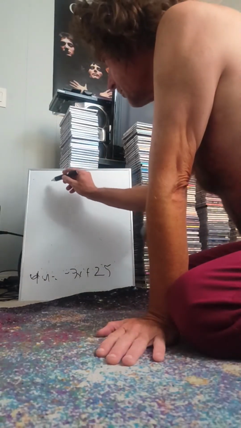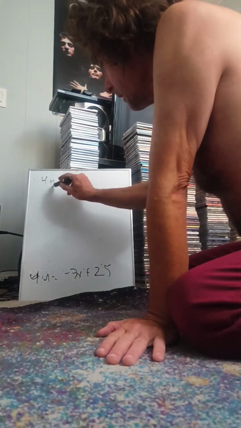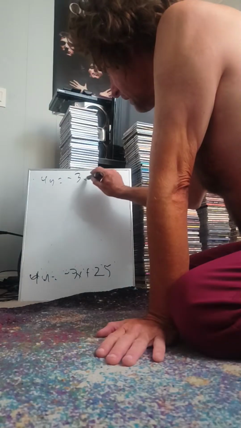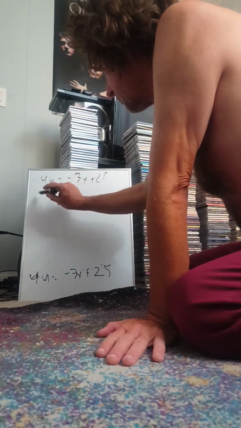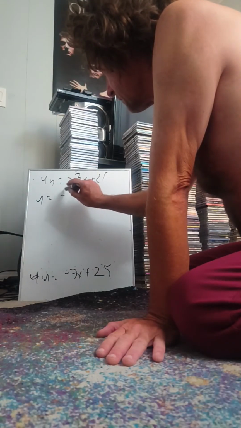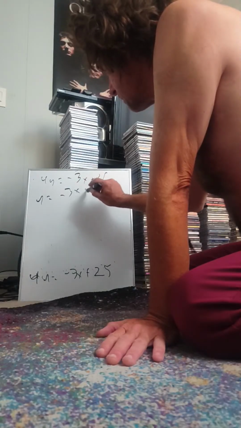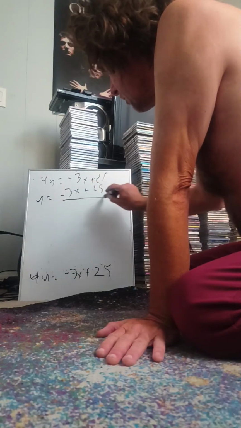Okay, so 4y equals -3x plus 25, divide both sides by 4. Y equals -3x plus 25 over 4.